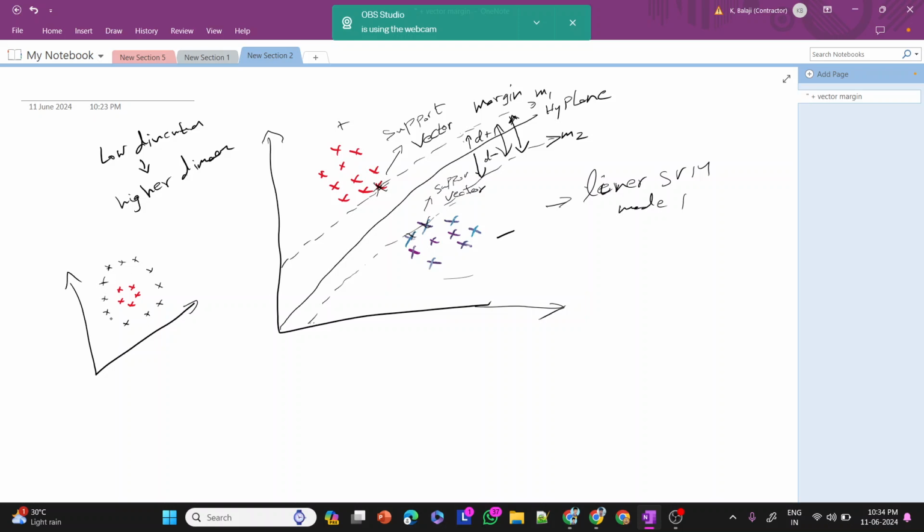In this example we have two dimensions. To find a hyperplane which can separate each group, we apply the kernel technique. That kernel technique will convert this two-dimensional space into three-dimensional space, and then it will plot the data like this.